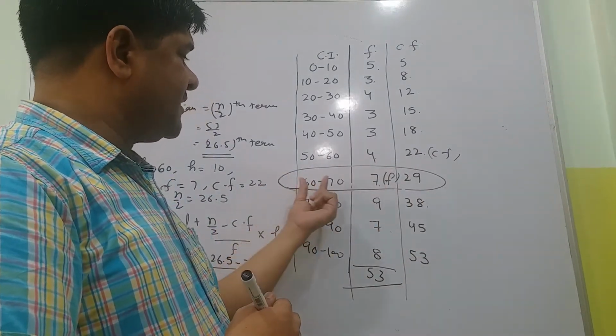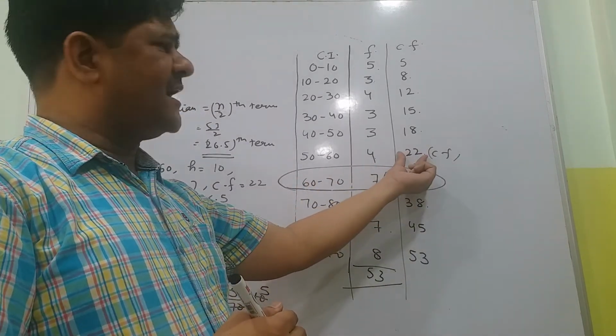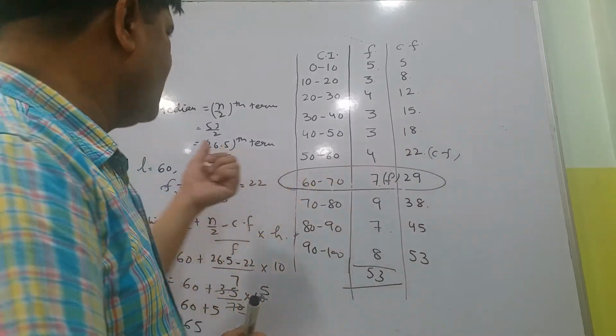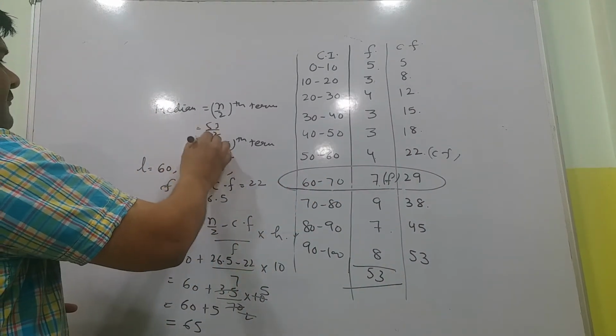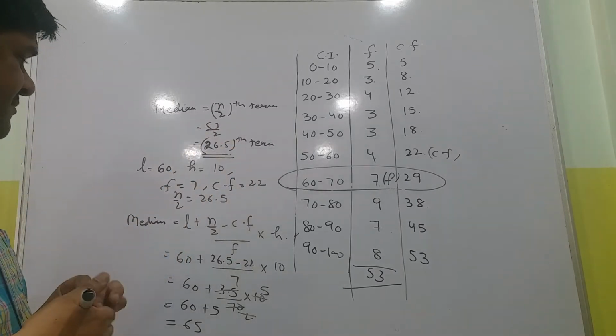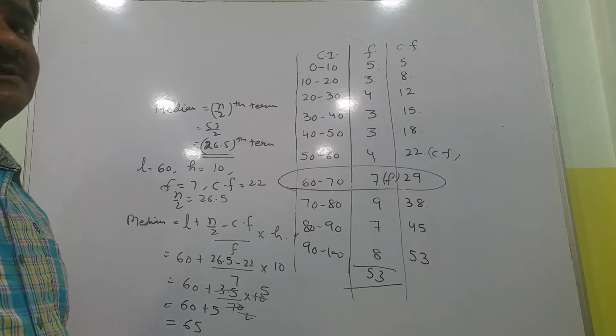So L is 60, H is 10, F is 7, CF is that of the previous class interval, that is 22, and N by 2 is 26.5. You simply substitute the values and get the answer, that is 65.